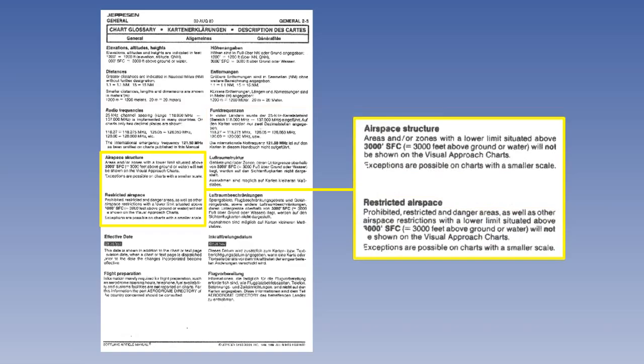Moving on from radio frequencies, airspace structure and airspace restrictions whose lower limit is above 3,000 feet from the surface are not shown on VFR charts, simply because most VFR flights arriving at aerodromes will be operating at a lower level.